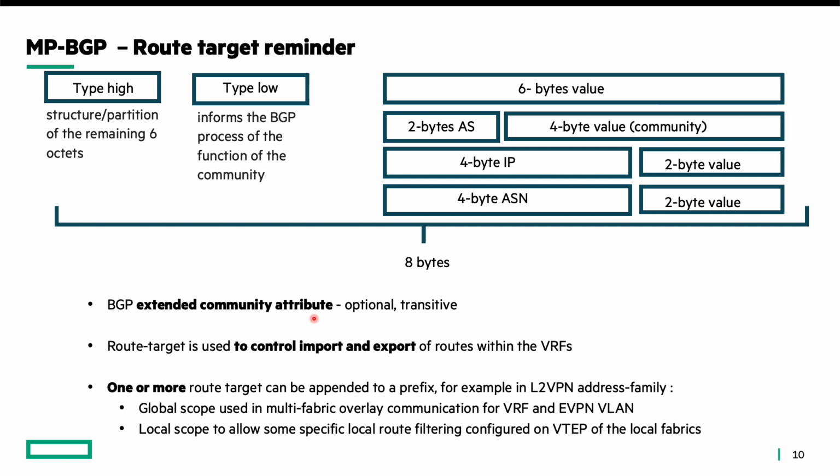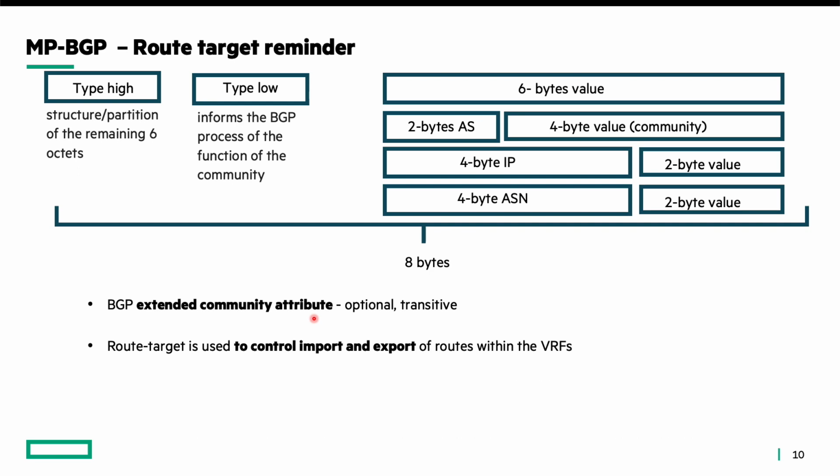And in reverse, we can also use a local scope to avoid these routes being propagated or installed later on other VTEPs in other fabrics. So it's really a way to control how these routes are installed in the different devices.